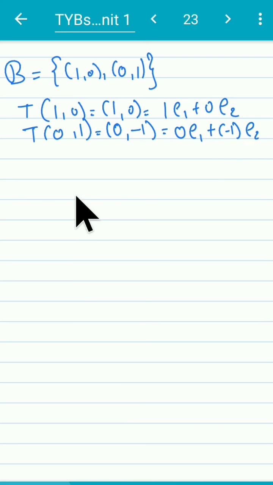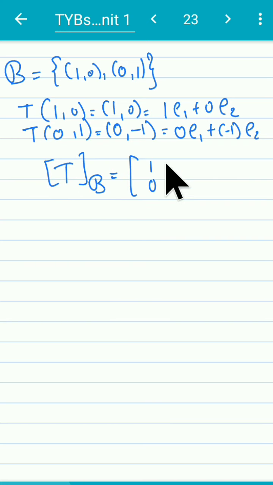So the matrix representation of T with respect to this basis B has first column (1, 0) and second column (0, -1). What we learn is that if I change the basis, my matrix representation will change.